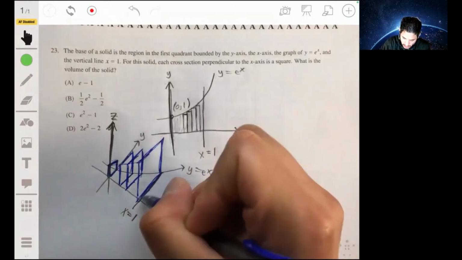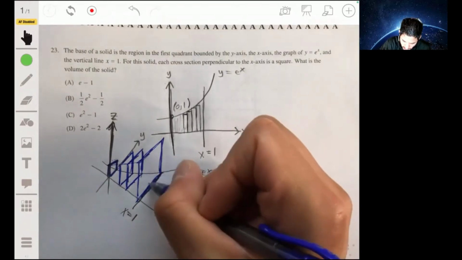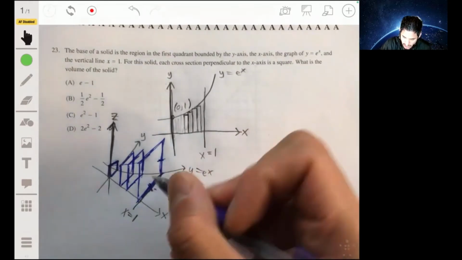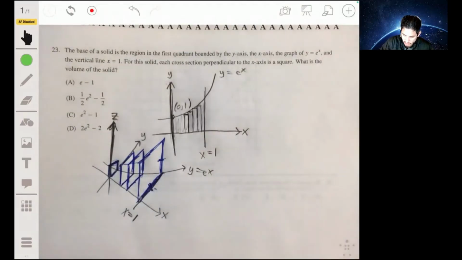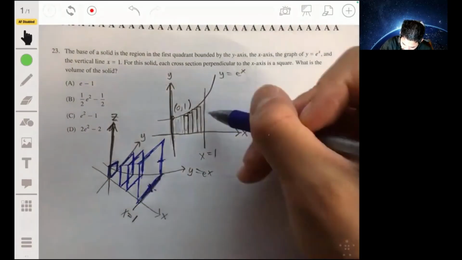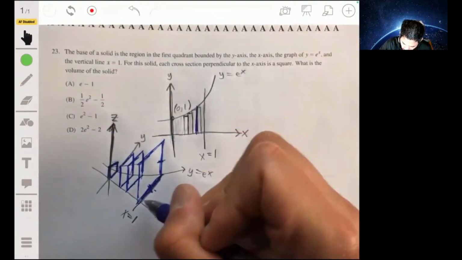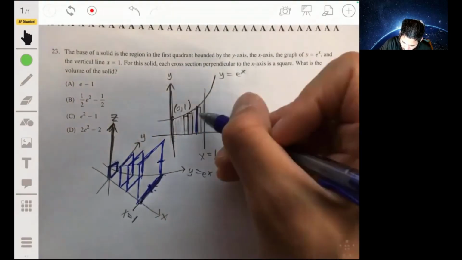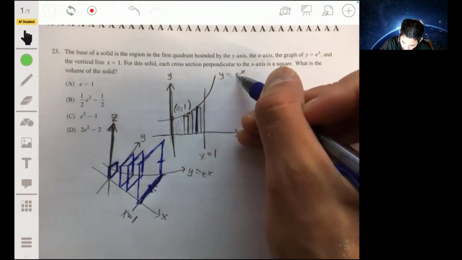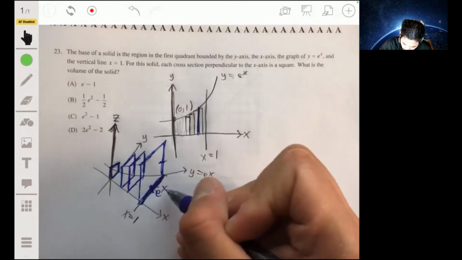Now, since these are squares, this side will be the same as this side. Now, this side is this side right here. So the length of this from here to here is basically e to the x. This will just be e to the x.